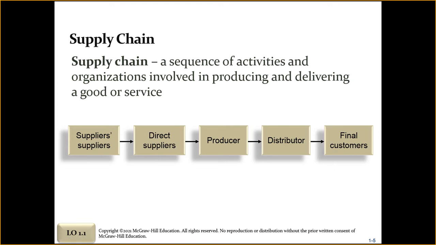You have the suppliers that supply the suppliers, then you have your suppliers, then you have the people that produce the product, which they get the things from the suppliers. Then you need someone to distribute the product that the producers produce. And the distributor, in turn, gives it to the customer, whoever that customer is going to be.